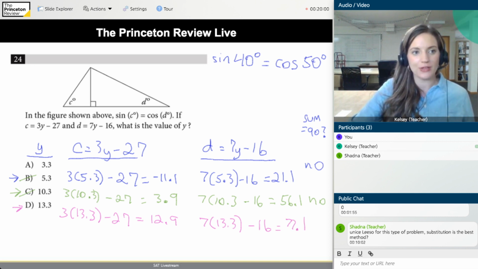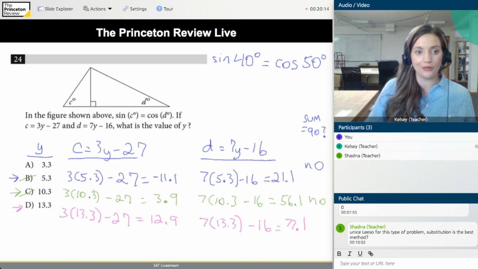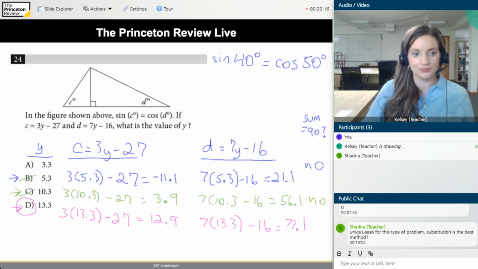And so now when we add the values of C and D together, we see that they do add up to 90. So this information that was given to us in the beginning, that the sine of angle C equals the cosine of angle D, that works. So we do know for sure that D is going to be our answer here.